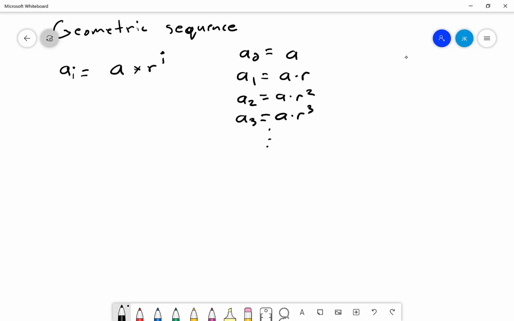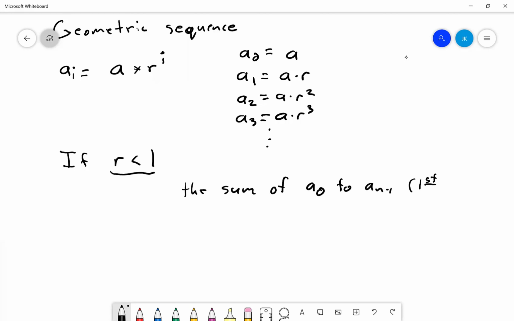One of the most common sequences that we have is a declining geometric sequence where all the values are going down. And that's where r is less than 1. So everything keeps shrinking and shrinking and shrinking. And in that case, we actually have a nice formula. We can say the sum of a0 to a n minus 1, again, this is the first n values, is 1 minus r to the n over 1 minus r times a.